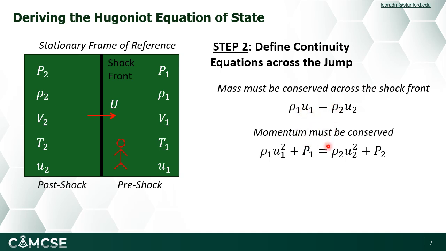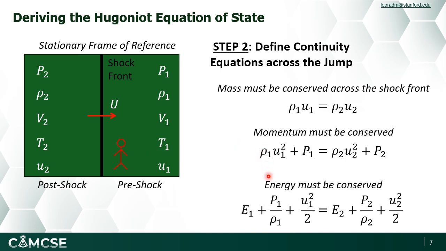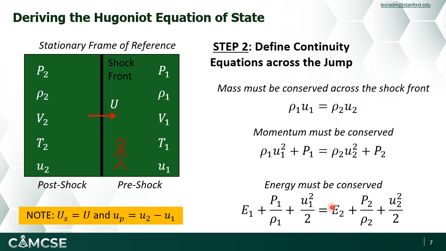Similarly, momentum must be conserved, which takes the form shown here, where now we know that our initial momentum must be the same as our final momentum, which translates to a change in the pressure, particle velocity, and density that describe our system. And finally, we understand that energy must also be conserved, which we can express in this way using some of the equations from fluid dynamics.